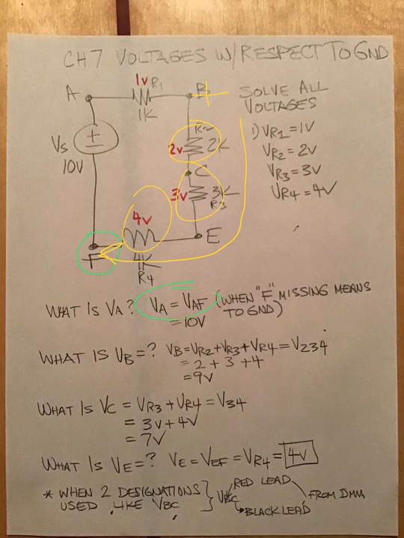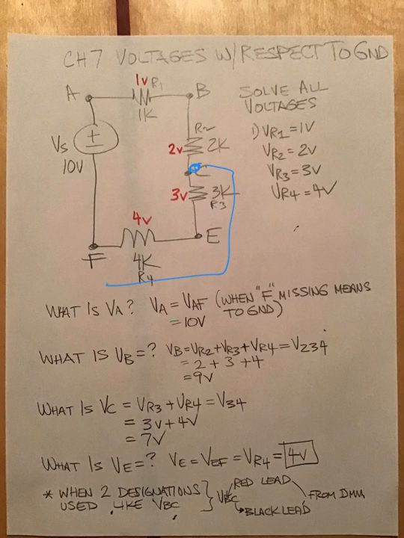Now, VC takes an even shorter path than VA and VB. VC sits right here at this point and connects through 2 resistors. We basically take those 2 resistors, we add their voltages. That is what VC is equal to.